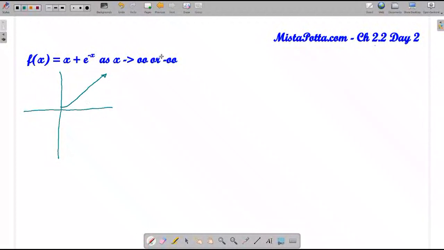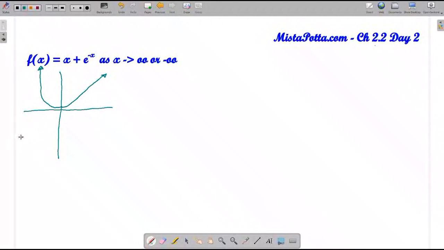Whereas if I look at values approaching x equals negative infinity, this is negative, but this ends up being a very, very large exponential. And so this function actually behaves very much like an exponential for negative values of x.